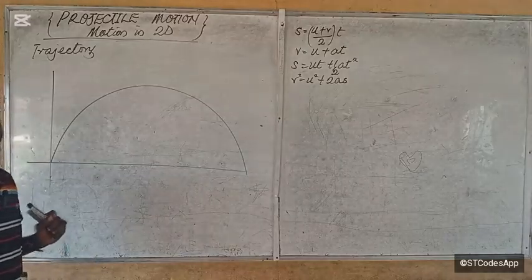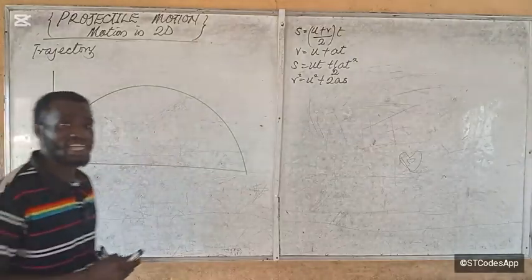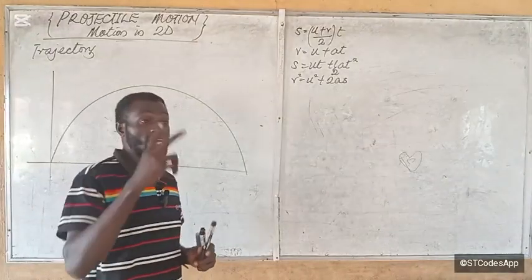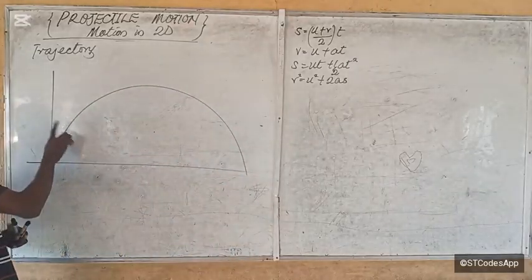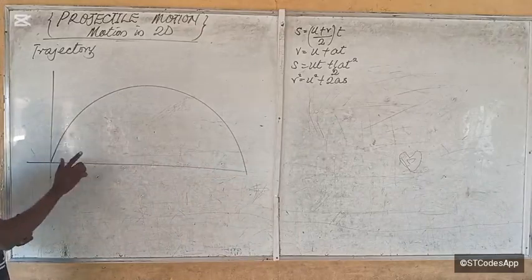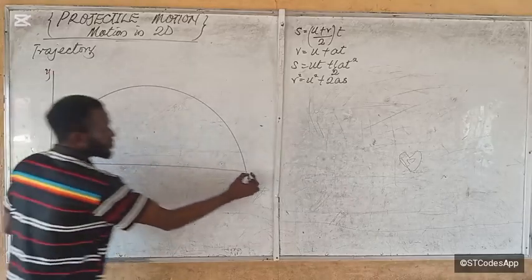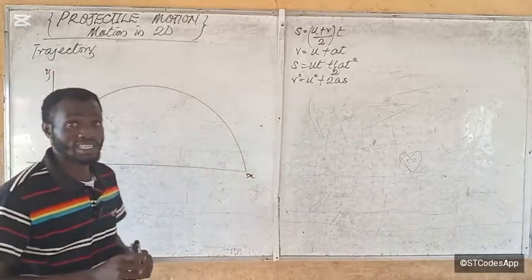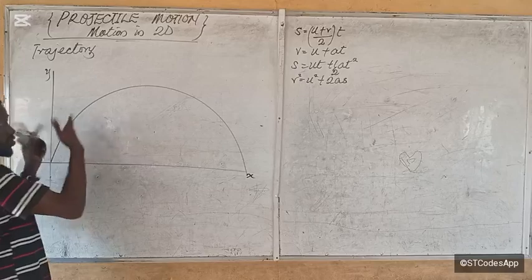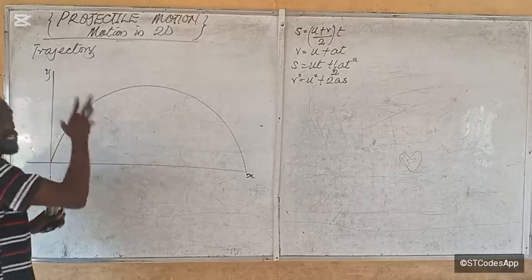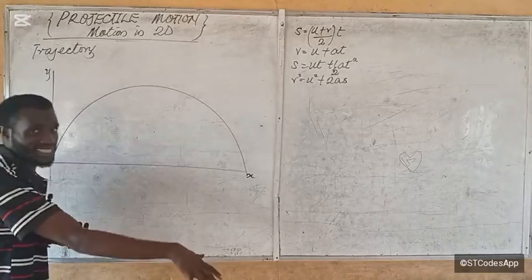So in order to analyze the motion of the body, we analyze it with respect to the two paths within which it moves. It's moving in both the y-axis and the x-axis, meaning that the vectorial quantities of this motion are going to be examined in both the y direction and the x direction.